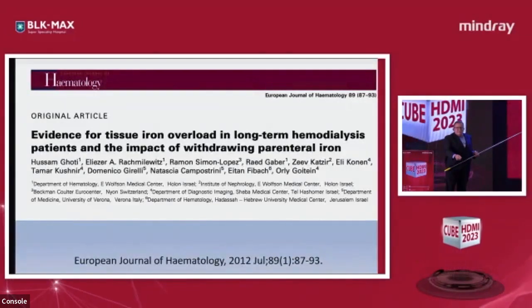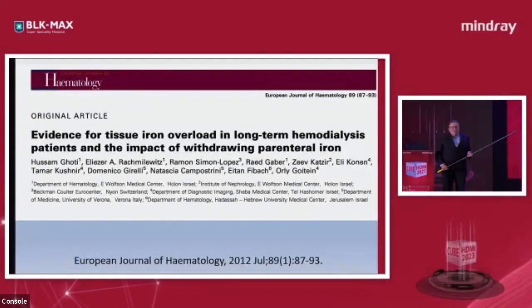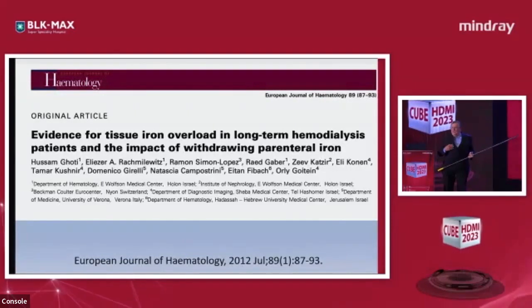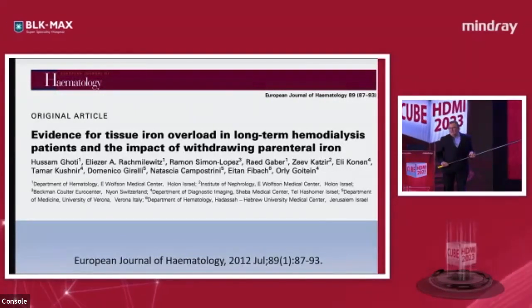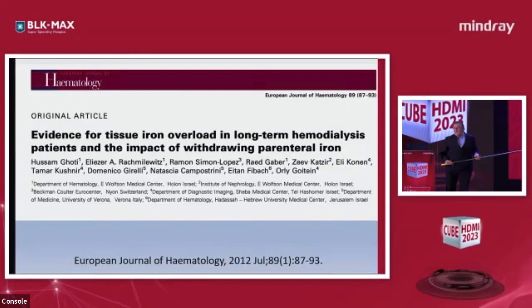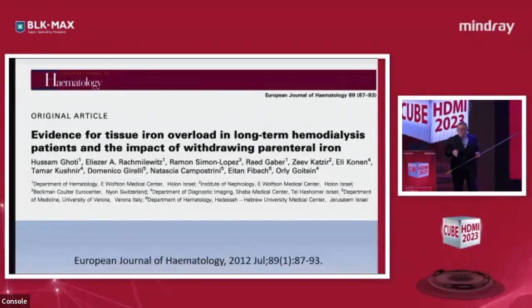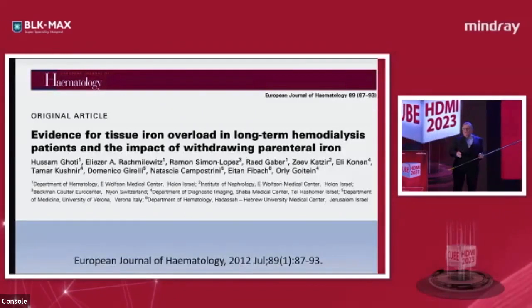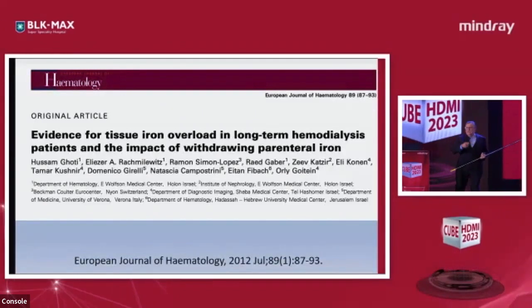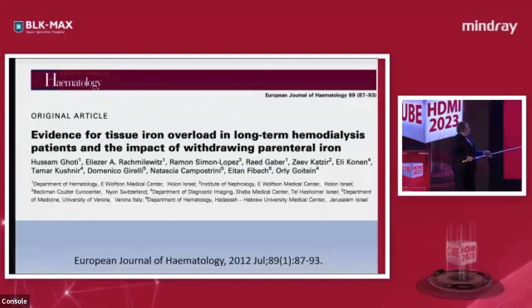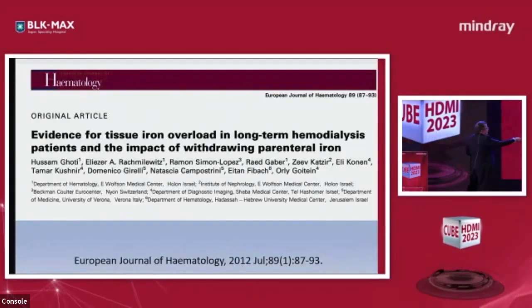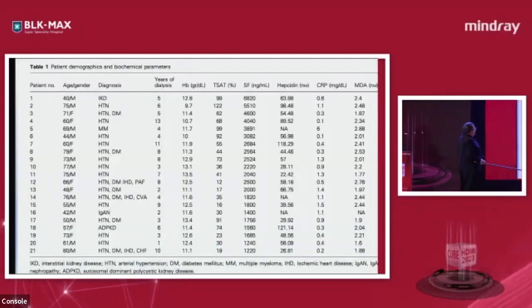We put $100 on the table. Who is right, me or Brugnara and Auerbach? And he did the study in his hospital in Israel. He was following Brugnara: every low transferrin saturation, every hypochromic red cells or CHR, intravenous iron and intravenous iron.